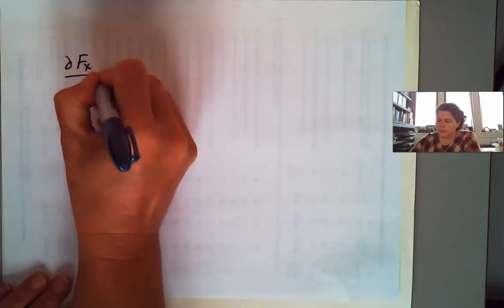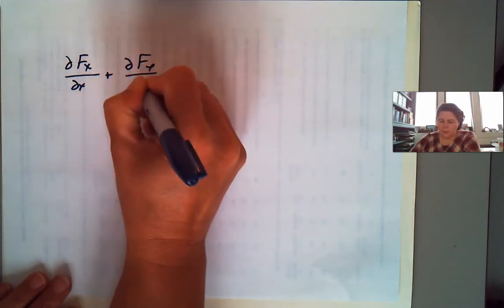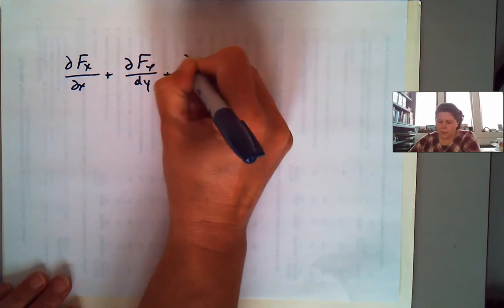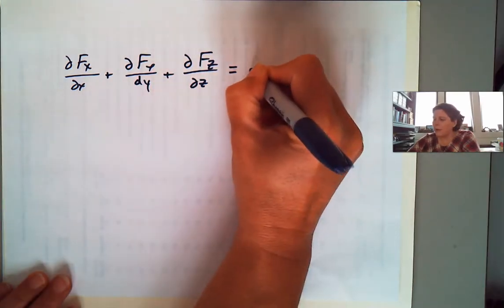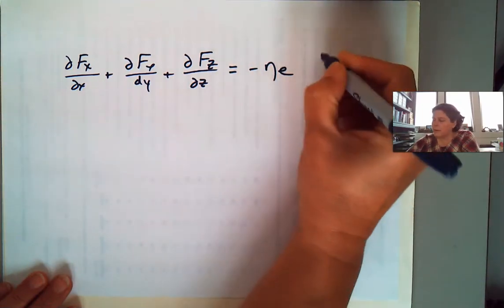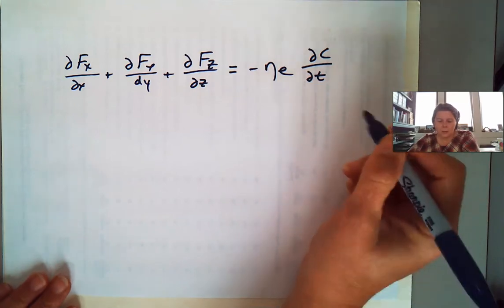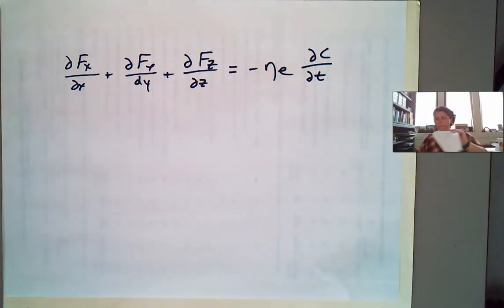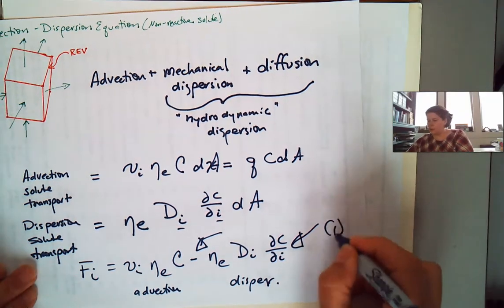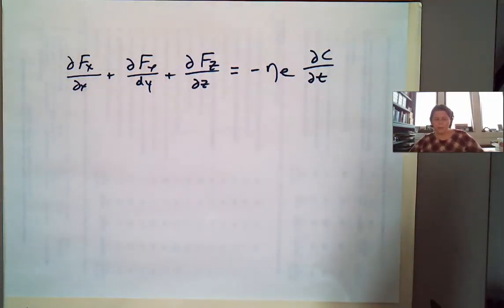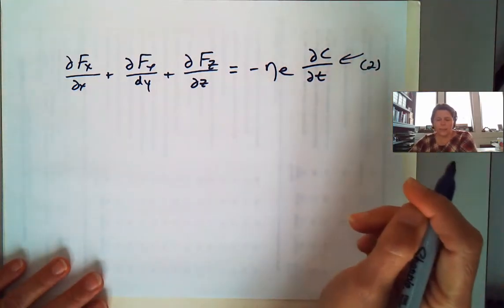So our flux in the x direction plus our flux in the y direction plus our flux in the z direction equals the negative of our effective porosity times the change in concentration over the change in time. Now we're going to substitute equation 1, which is right here, into equation 2.